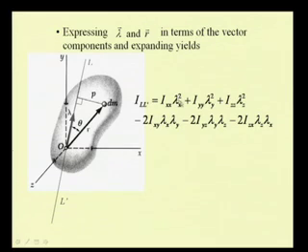Here this lambda x, lambda y and lambda z are the direction cosines of this unit vector lambda, minus 2 times Ixy, the product of inertia, times lambda x lambda y, minus 2 Iyz lambda y lambda z, minus 2 Izx lambda z lambda x.